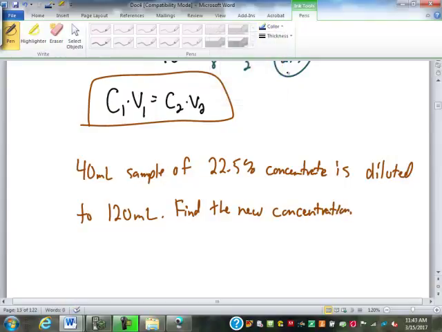So, the first concentration is the 22.5%. We could change that to a decimal of 0.225, or we can leave it as 22.5. I'm going to choose to leave it as 22.5 because then my result on the other side is also going to already be in the percent form. We had 40 milliliters is the volume of that. That has to equal our new concentration, C2, times that new volume of 120 milliliters.